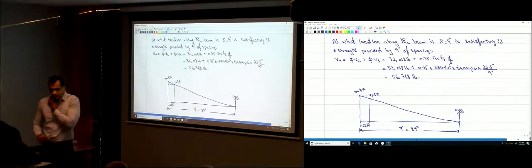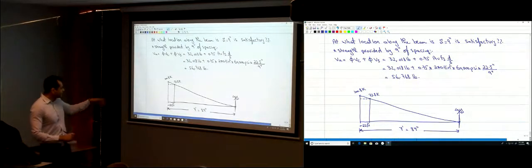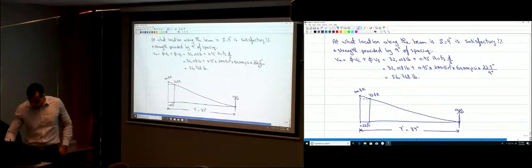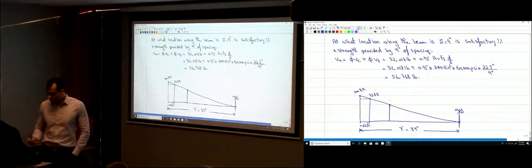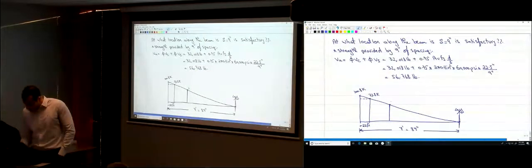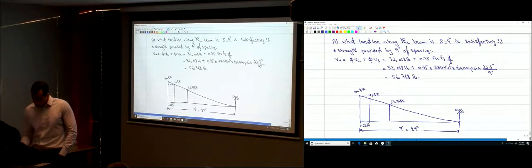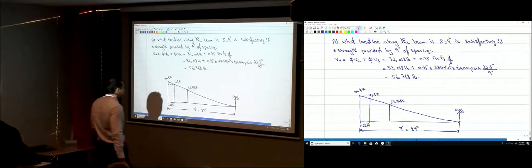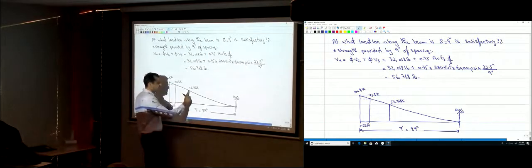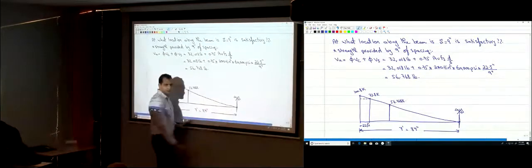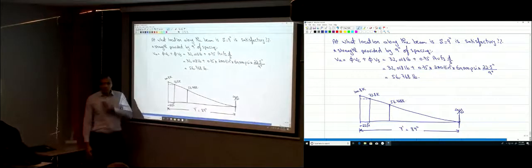And then I'm providing spacing of 5 inches till some point where the shear is 56.768 K. I'm looking for that point. When the shear reaches this value, I can provide stirrups at 9 inches of spacing.